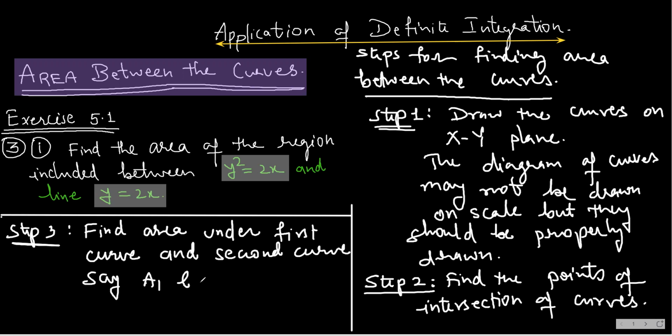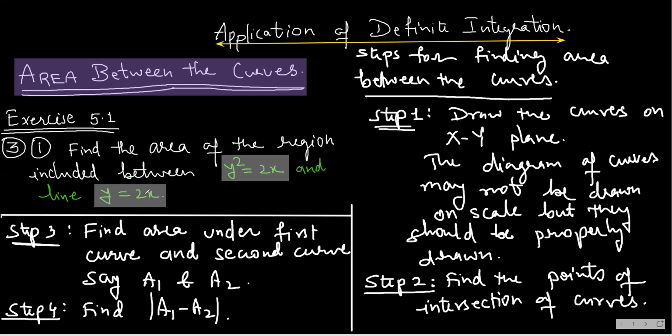Say A1 and A2. Step 4: find A1 minus A2, but in mod. Why mod? Because you do not know which one is greater, A1 or A2. So if you are writing mod A1 minus A2, then it can be A1 minus A2 or A2 minus A1. Mod will make sure that you are getting a positive answer. So these are the steps that you have to follow.